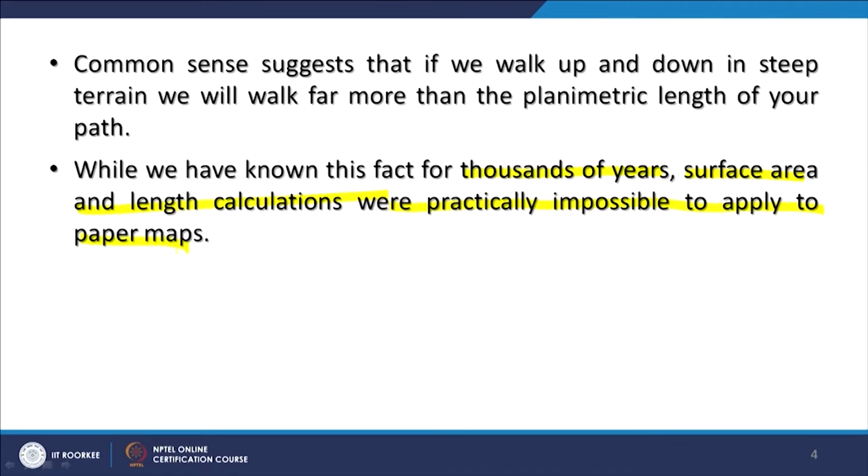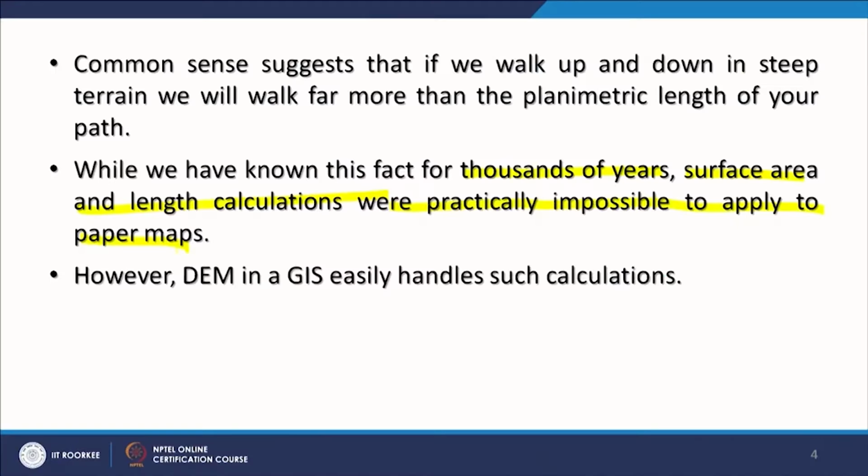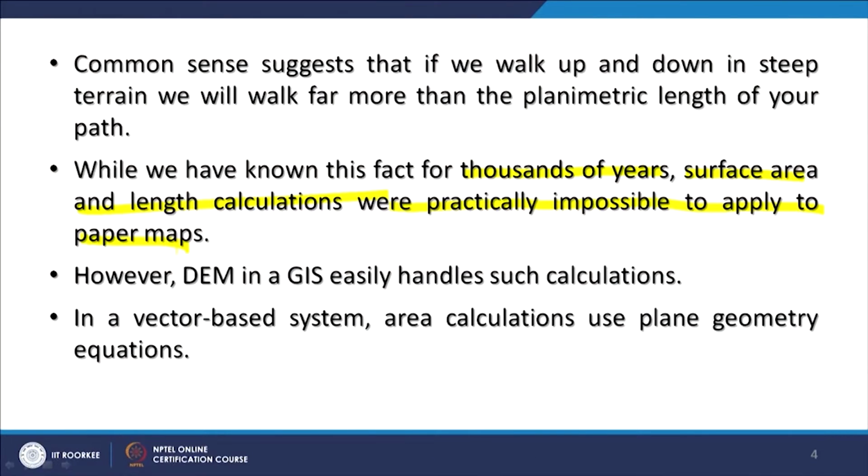So, using topographic maps, it was not possible to find out the surface area or planimetric area or surface length or planimetric length. But by employing a digital elevation model on a GIS platform, it has become possible. GIS allows us to handle a digital elevation model and also allows us to perform such calculations.